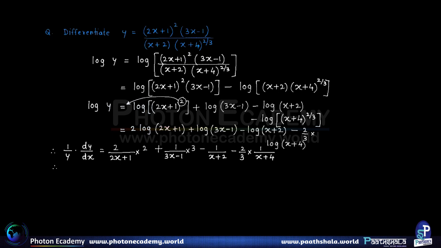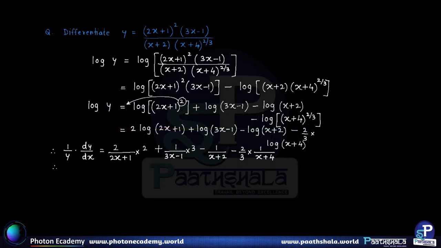So finally, whenever we want to write the derivative, that is dy by dx, that is equal to, the only last step now is we have to bring the y which is on the left hand side to the right hand side.